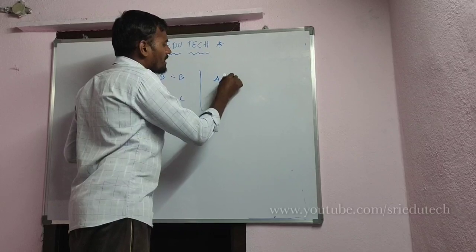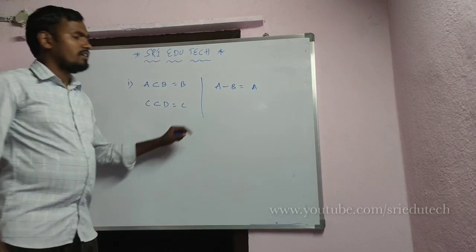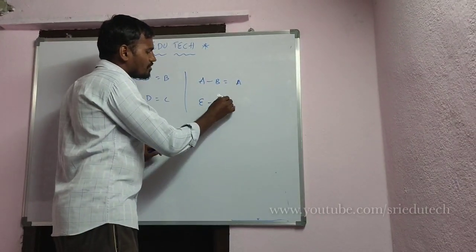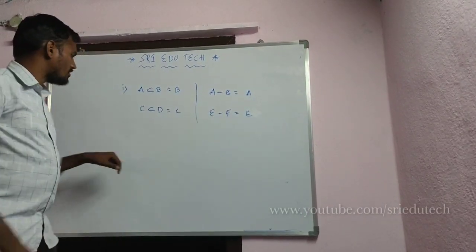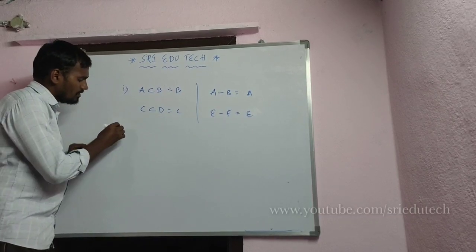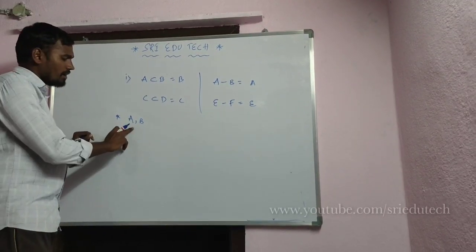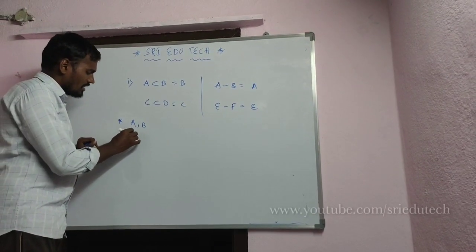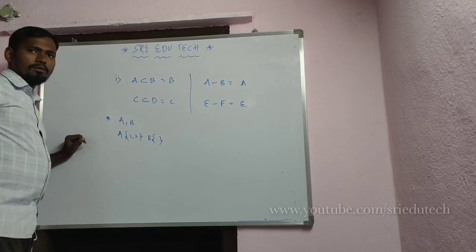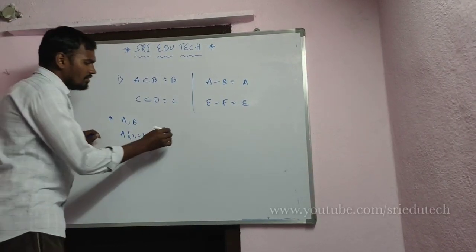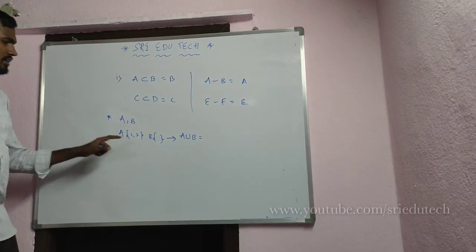Right? Next one, see here. If A minus B, it is equal to A only, because of the first set. Next, E minus F is equal to E only. Next, see one more key point. If A comma B are two sets, A is equal to 1 comma 2 and B is equal to the null set, then A union B is equal to what?